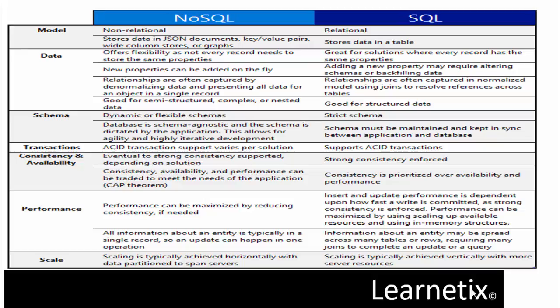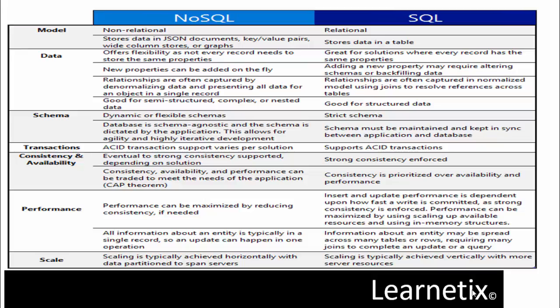All the information about an entity is typically in a single record, so an update can happen in one operation only. In short, suppose in MySQL we are storing details about a single entity, we have to use different tables. But in NoSQL, all the details are put into a single record and single table. So updating and fetching is quite handy and easy.